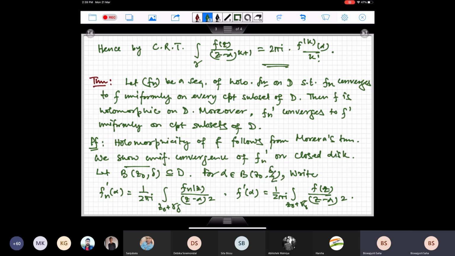So I will show uniform convergence on these kind of balls of radius delta by 2.